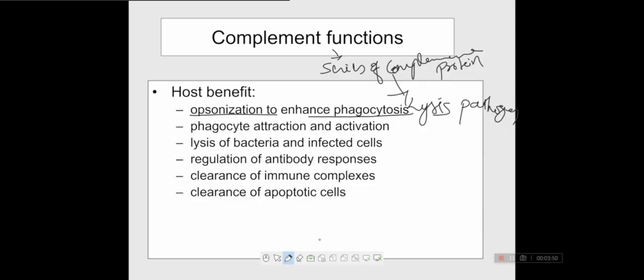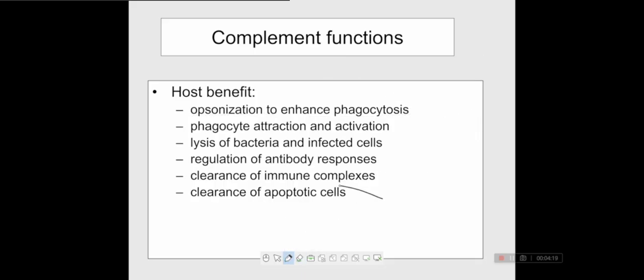They also regulate the antibody response. Other functions are clearance of immune complexes and clearance of apoptotic cells. The cells which are apoptotic in nature are removed from the body with the help of the complement system.